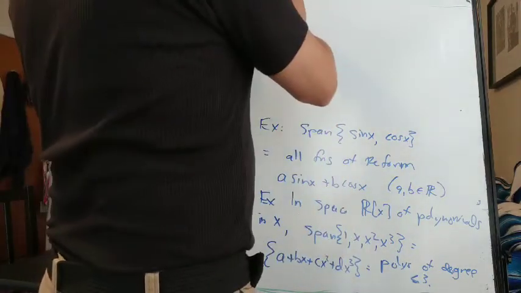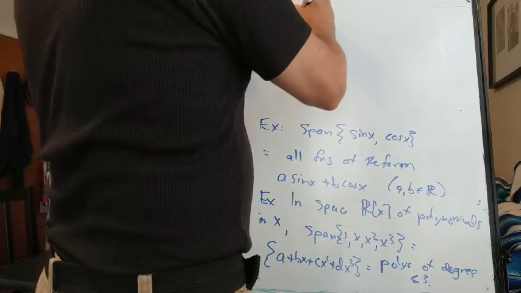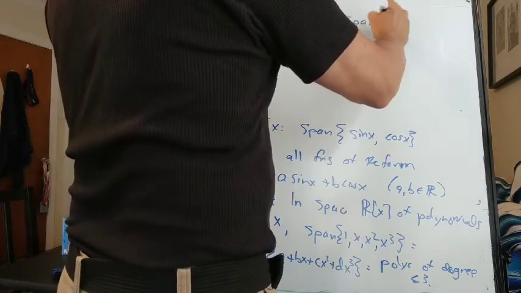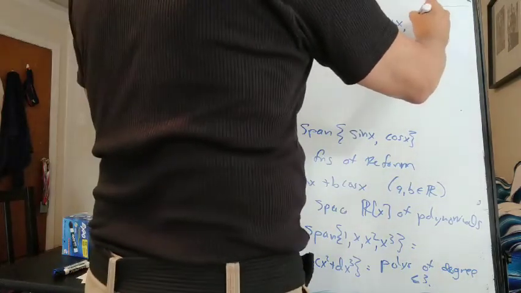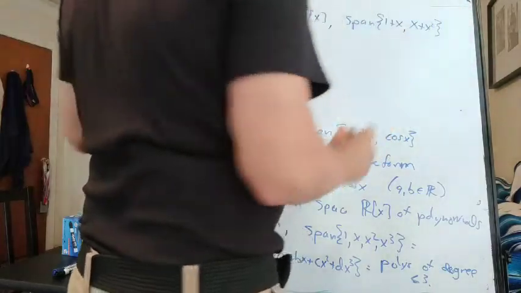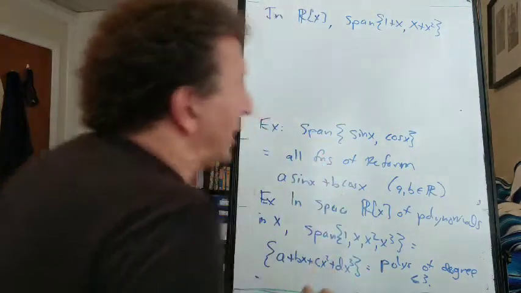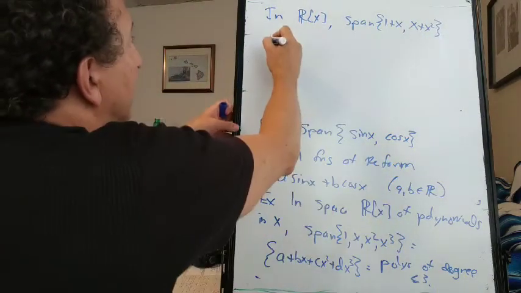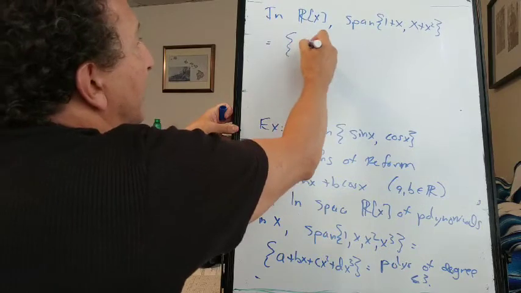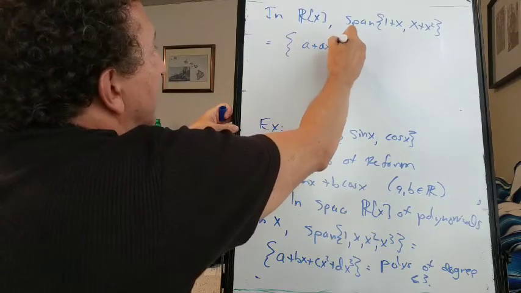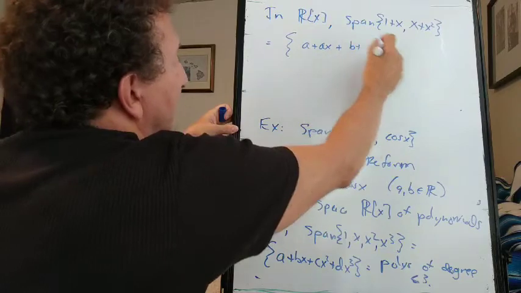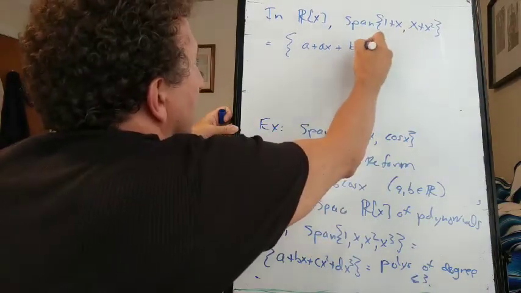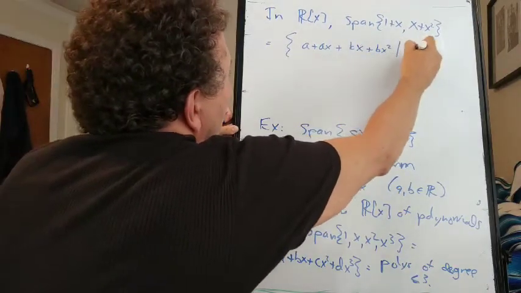So for example, if we look at the polynomials again, at the span of 1 plus x and x plus x squared, so all the polynomials you can get by taking a multiple of 1 plus x plus a multiple of x plus x squared, it's all the things of the form a plus ax plus bx plus bx squared, where a and b are real.